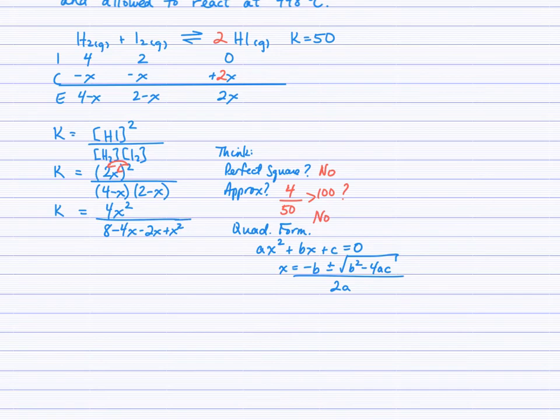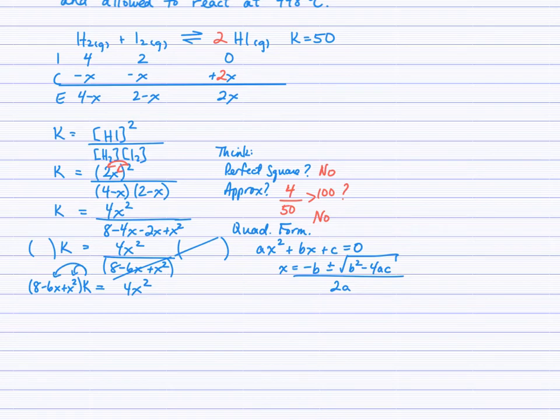And now I'll simplify in the denominator there, so I have 8 minus 6x plus x squared, still a k over here. Now I have that trinomial in the denominator that I want to get out of the denominator, so I'm essentially going to multiply it on both sides. And so I'll have the 4x squared here, and then I'll have the 8 minus 6x plus x squared, all multiplied by k. And now, since k is just a number, I need to distribute k.